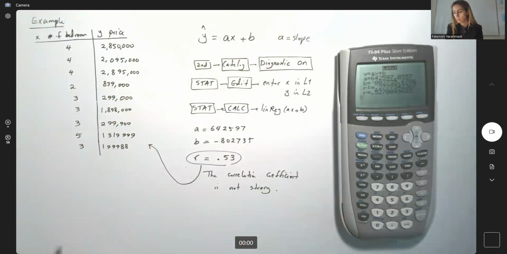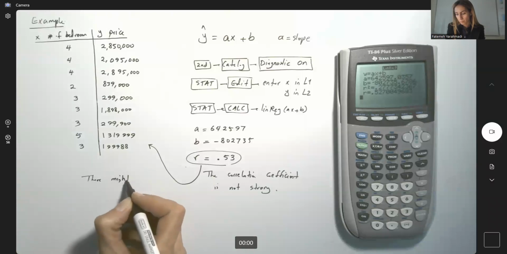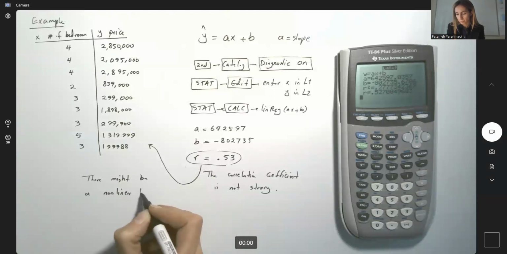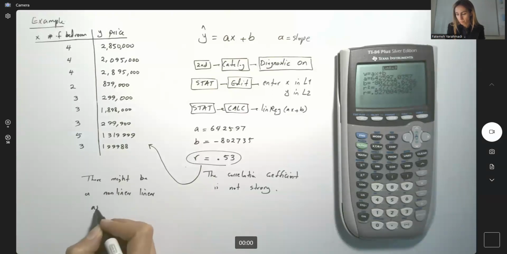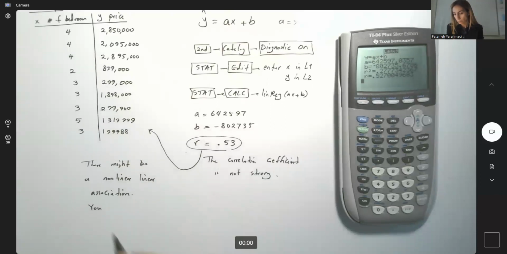Why is that? There might be a non-linear association here. You might have lurking variables. For example, what are those lurking variables?